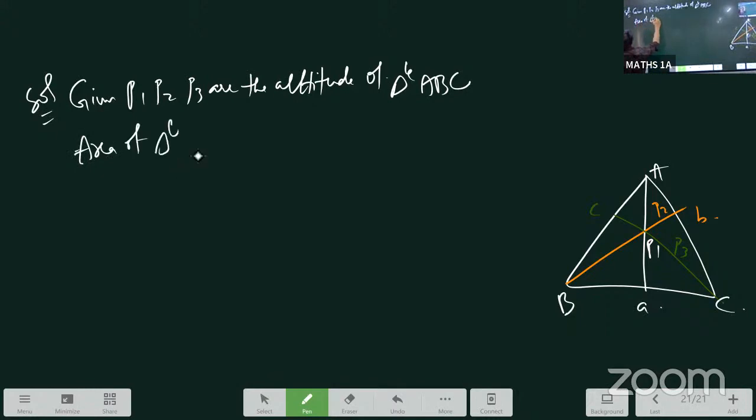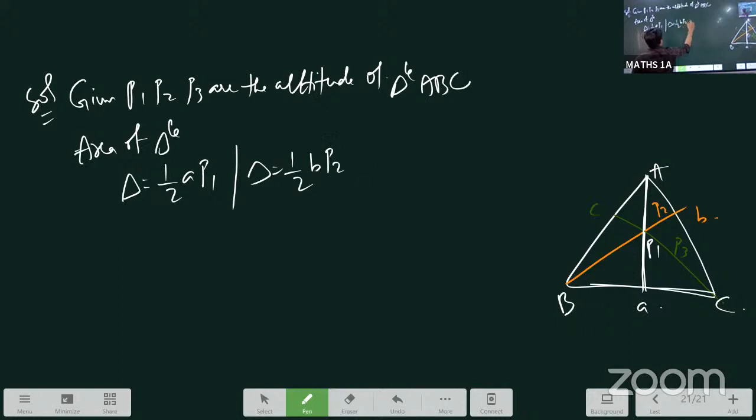Then area of a triangle delta is equal to half base into height. Delta is equal to half a p1, delta is equal to half b p2, and delta is equal to half c p3.